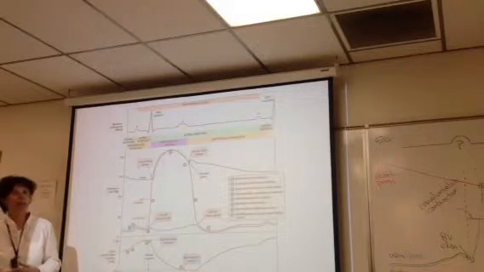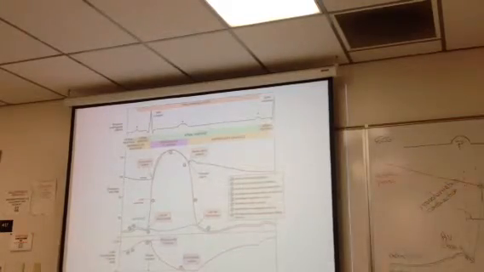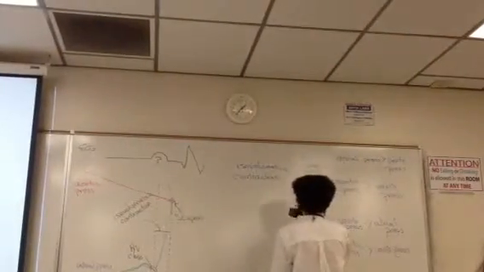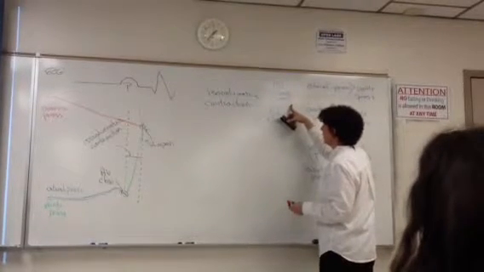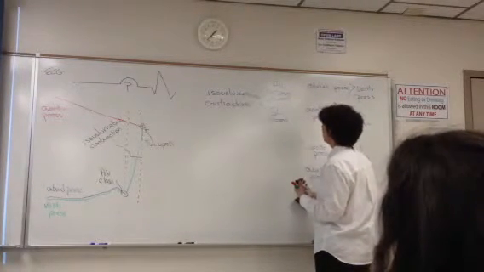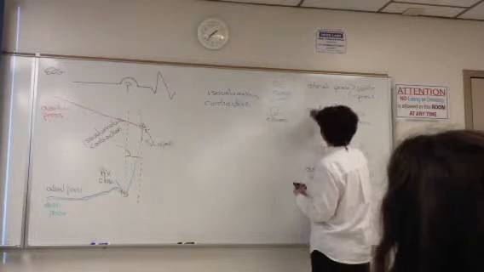Now the semilunar valves are open. Our relationship has changed. So our AV valves are going to stay the same. They're going to stay closed, but our semilunar valves are going to be open. Okay? I put the wrong thing up here.